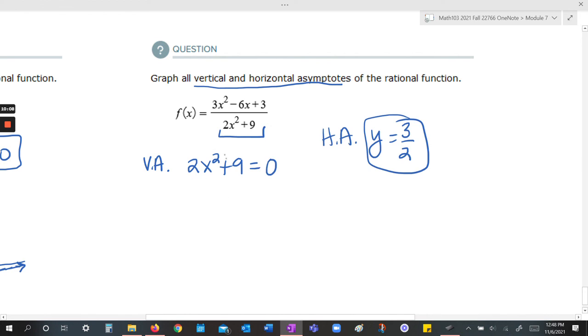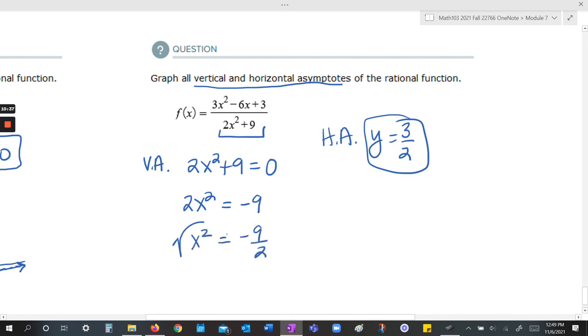So if you have some kind of x squared term plus a number, so your x squared term and your number are the same sign, then you're only going to end up with imaginary solutions when setting that denominator equal to 0. And so this is going to be like the last one. We're going to end up with no vertical asymptotes, but just to see what it looks like if you followed it out, we have negative there, and dividing by 2, negative 9 over 2.